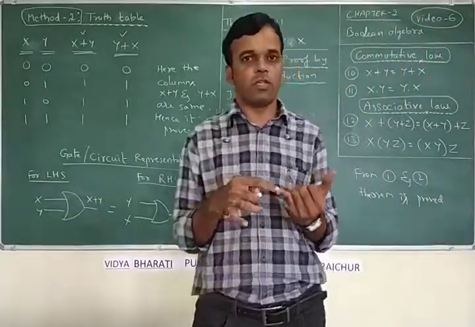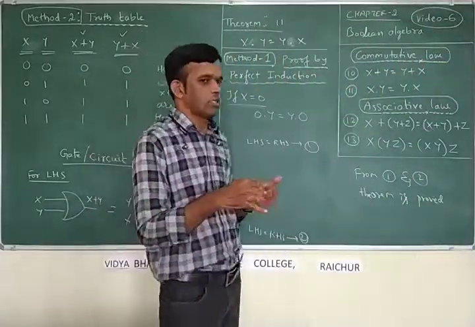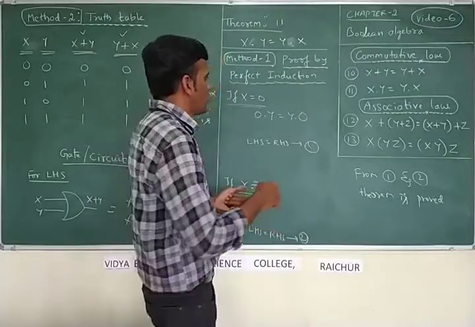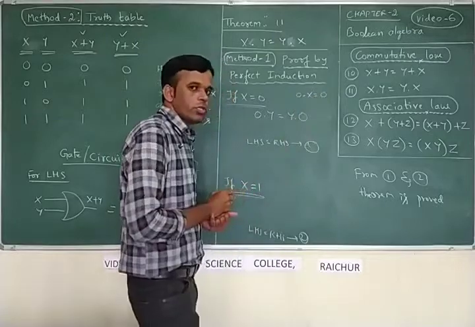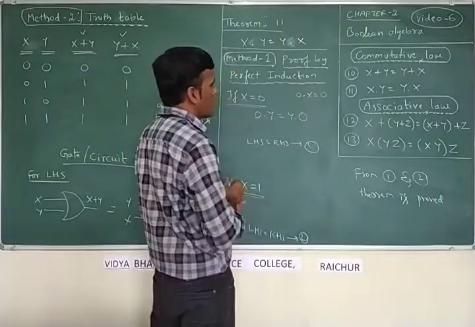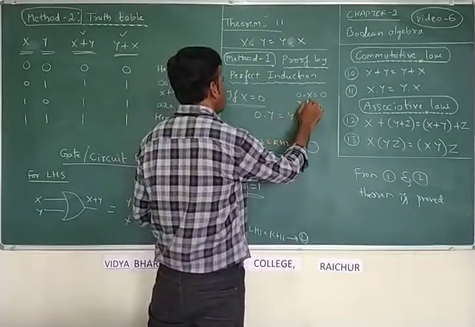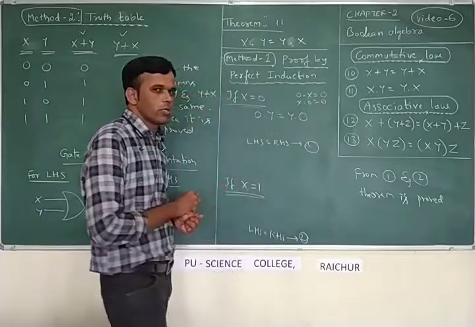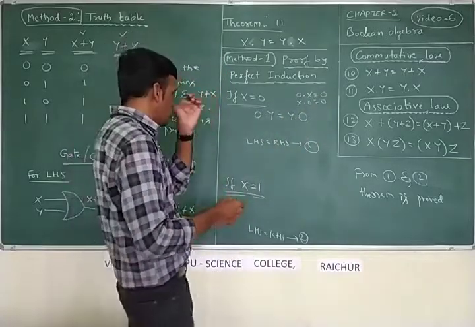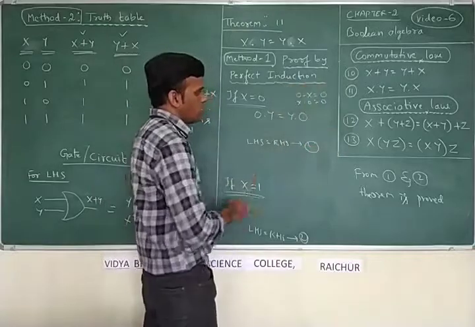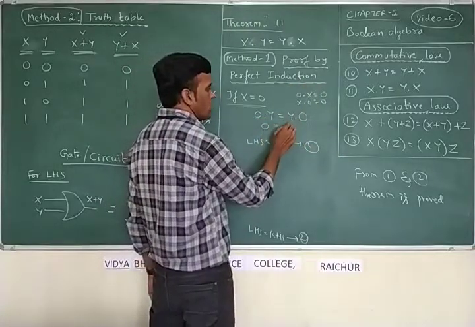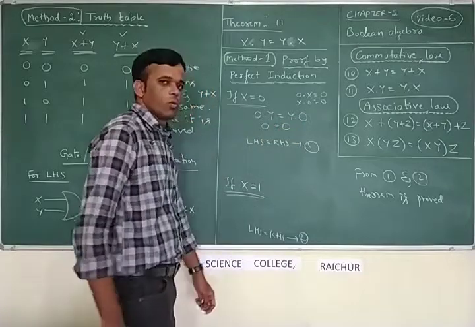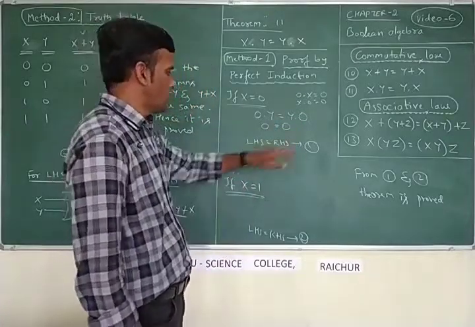So we already proved that theorem in the last class. So we know that 0 into x equals to 0. So whether it is 0 into x or x into 0, we are going to get 0 as the answer. So using the previous result, we can say 0 into y is 0 and here also it is 0. So LHS equals to RHS.